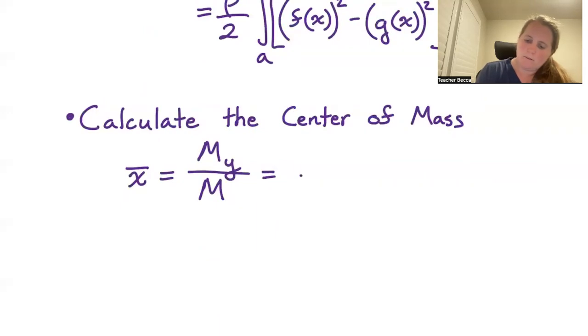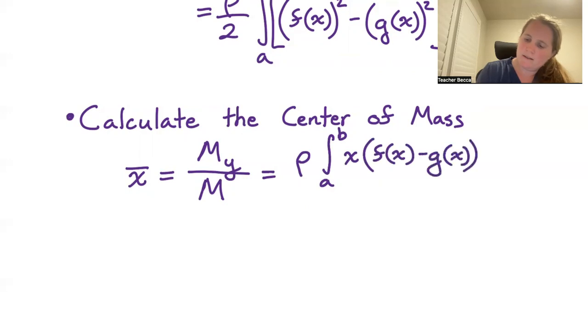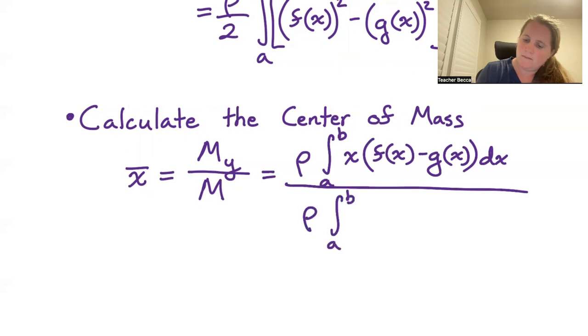This is rho times the definite integral from a to b of x times f of x minus g of x dx, all over rho times the definite integral from a to b of f of x minus g of x dx.